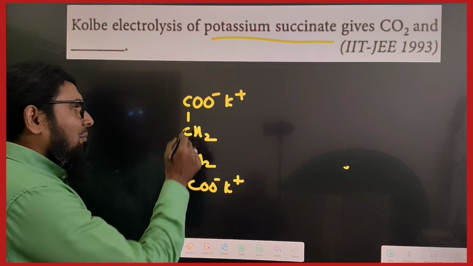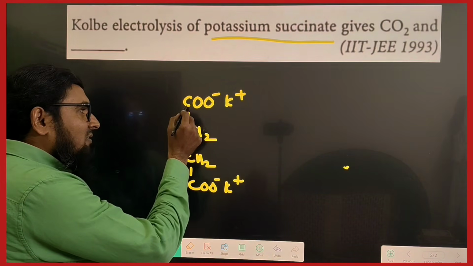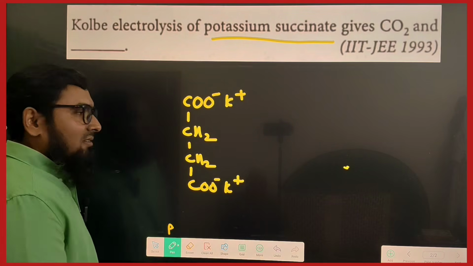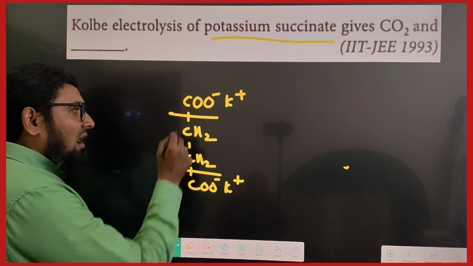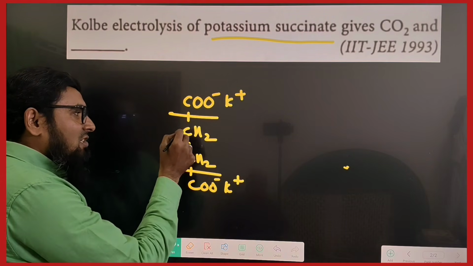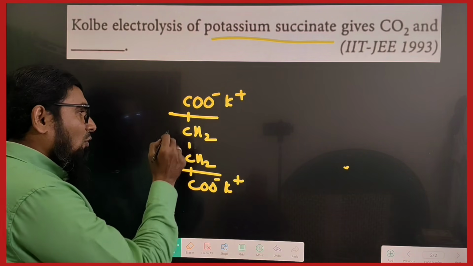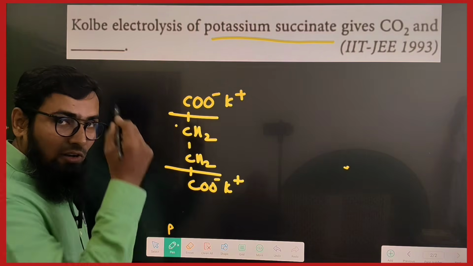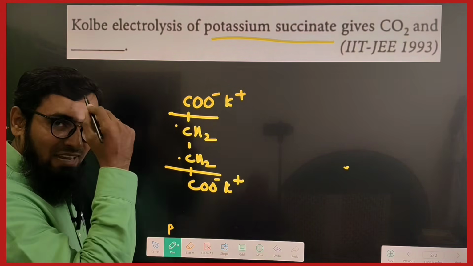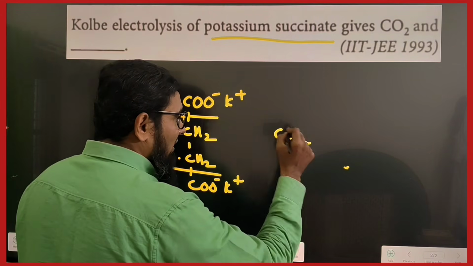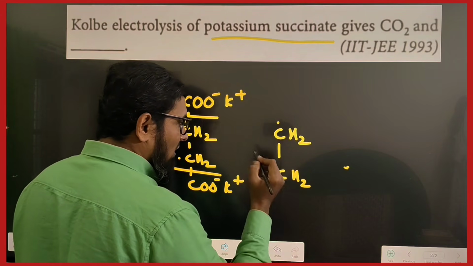The trick is to break the bond between the COO and C. After breaking the bond, the carbon which has lost the bond with COO will have one unpaired electron. This CH2 also has one unpaired electron. So CH2 dot, CH2 dot.